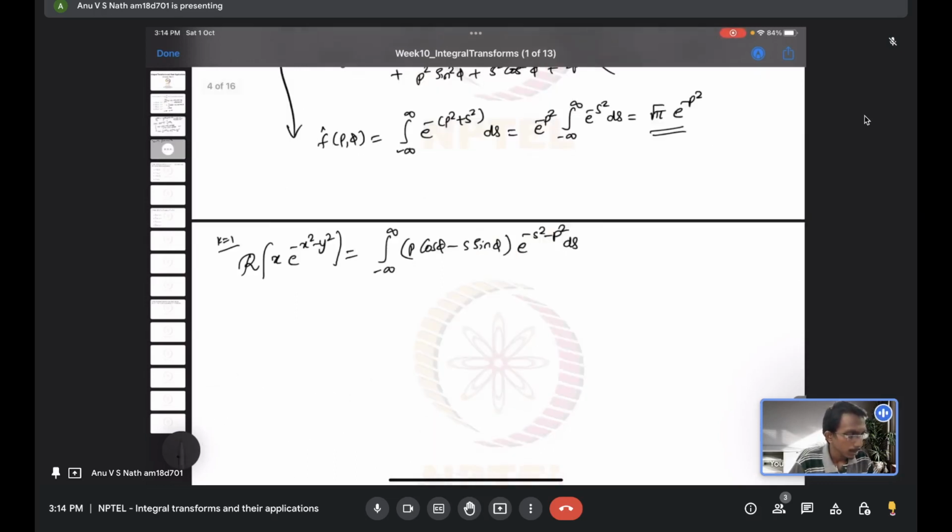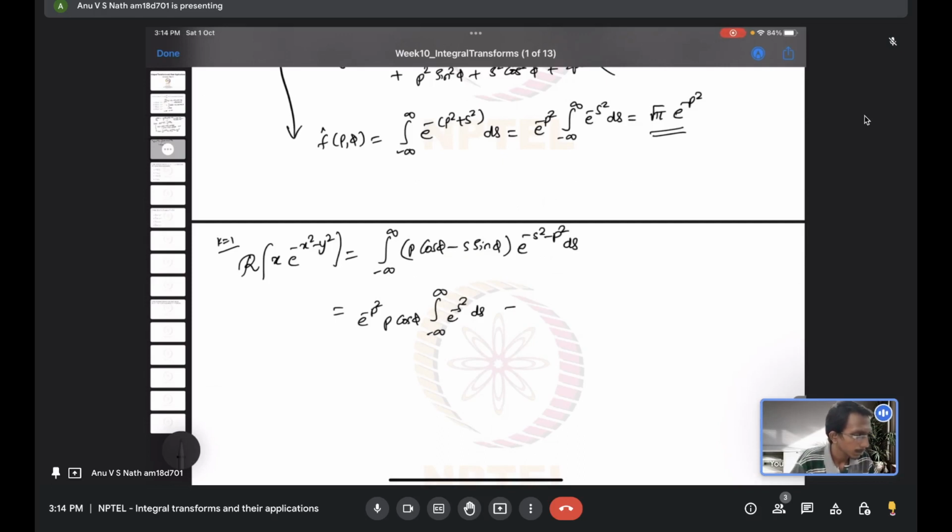Now we will split this into two integrals and take the constants of the integral outside. So it's exponential of minus p square, p can come outside, and also cos phi will come outside, times the integral of exponential of minus s square ds from minus infinity to plus infinity.